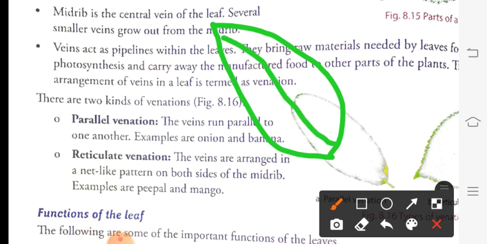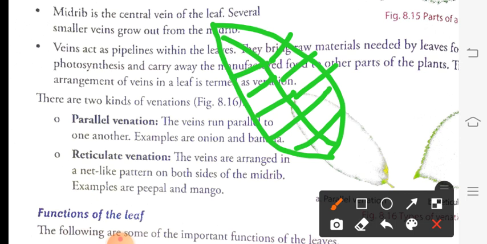When the veins run parallel to each other, such an arrangement of veins in a leaf is known as parallel venation.